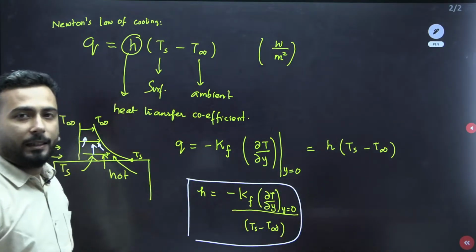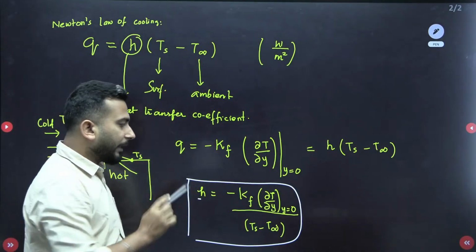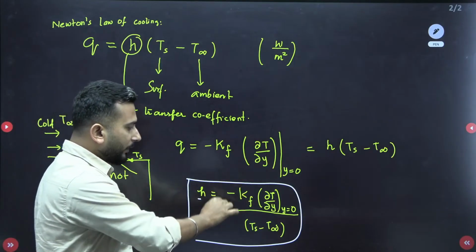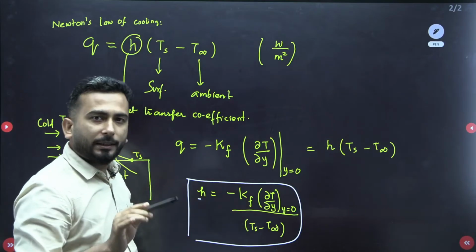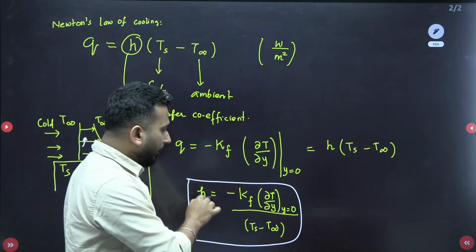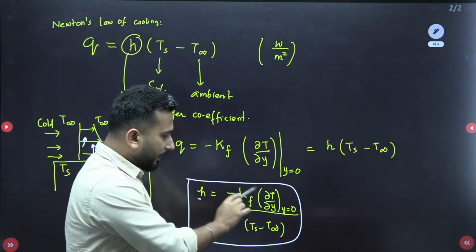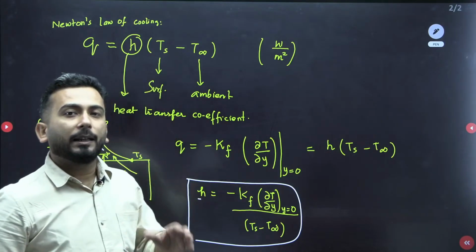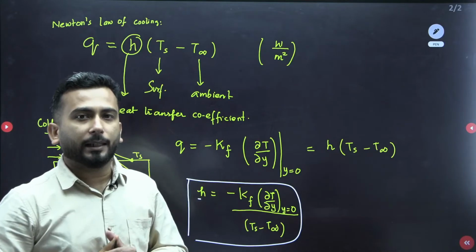Now obviously the major challenge comes here to determine the value of h. That is why I have expressed it in terms of all these things, and somehow you will be able to know all the things except one. For finding h, you will know Ts, you will know T infinite, you will know Kf, but what is the temperature profile, that remains the most important thing that we need to understand.